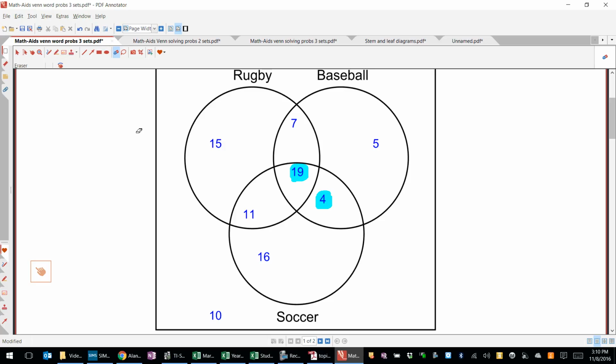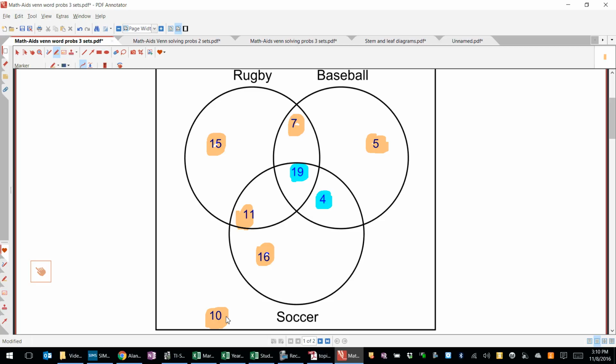Okay, how many students do not like both baseball and soccer? Well, if this is baseball and soccer, it's everything else. So actually, we have 15, 7, 5, 11, 16, and 10. So that was how many students do not like baseball and soccer.